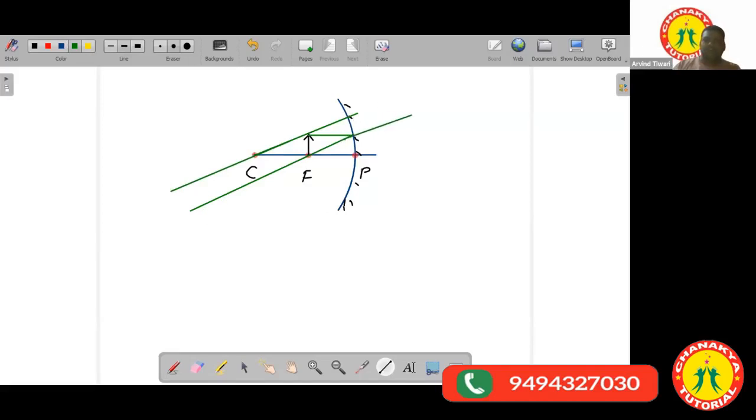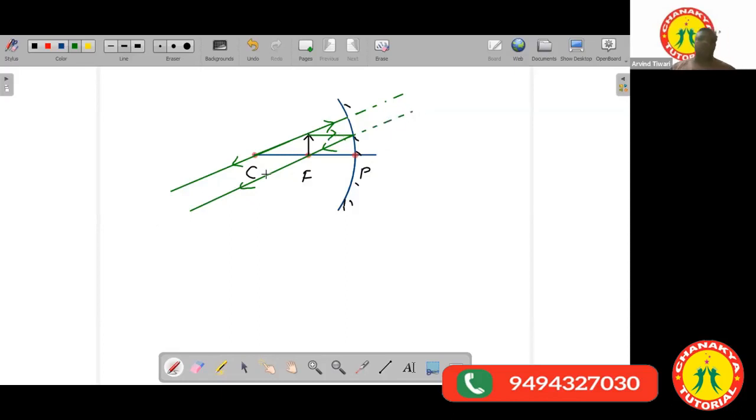See, this is how you will get it. And if you extend them backward, behind the mirror also, we observe that the two reflected light rays do not meet at any point. Here they are not meeting, and behind the mirror also they do not appear to meet.